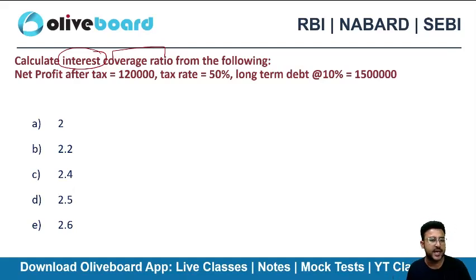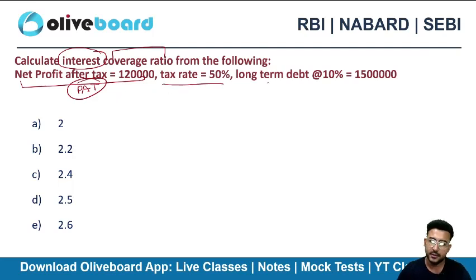In the question we are having net profit after tax. This is nothing but PAT or EAT, right? Profit after tax or earning after tax. Then they have given us the tax rate as well. Long-term debt at the rate 10% interest. So we have taken a loan of 15 lakhs at a 10% rate of interest.